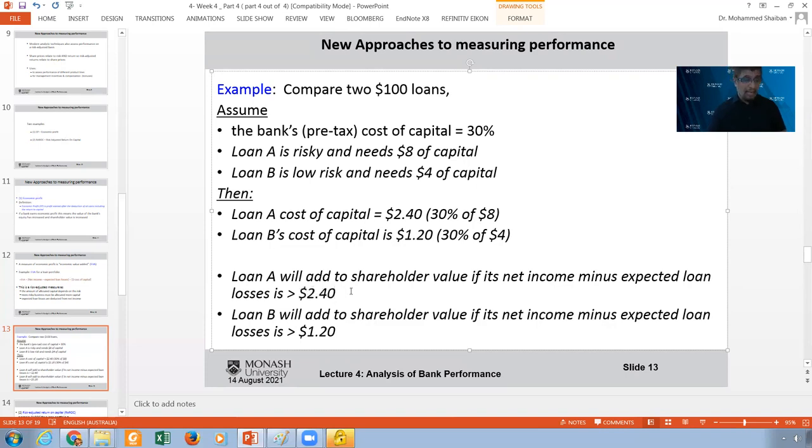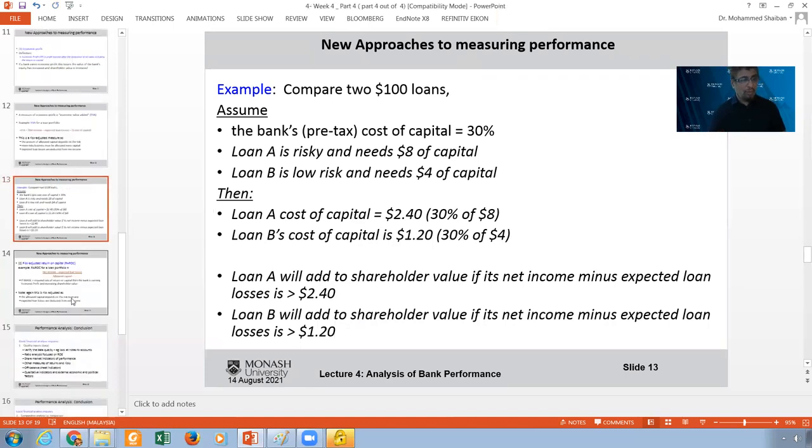So if I am still able to get a positive value after I deduct the cost of capital according to the risk of that loan and the expected losses of the loan, that means I'm making economic profit and growing. The same thing applies to B: when net income minus the expected losses is still over 1.20, I still have an economic value after I cover my cost of capital.